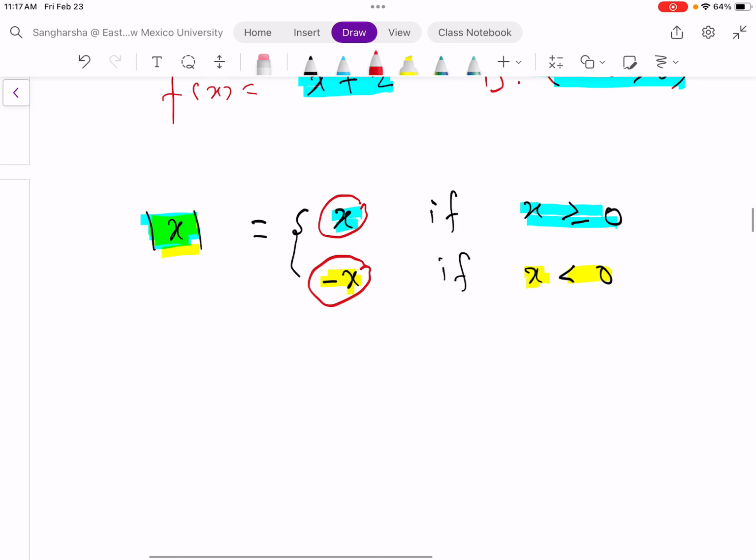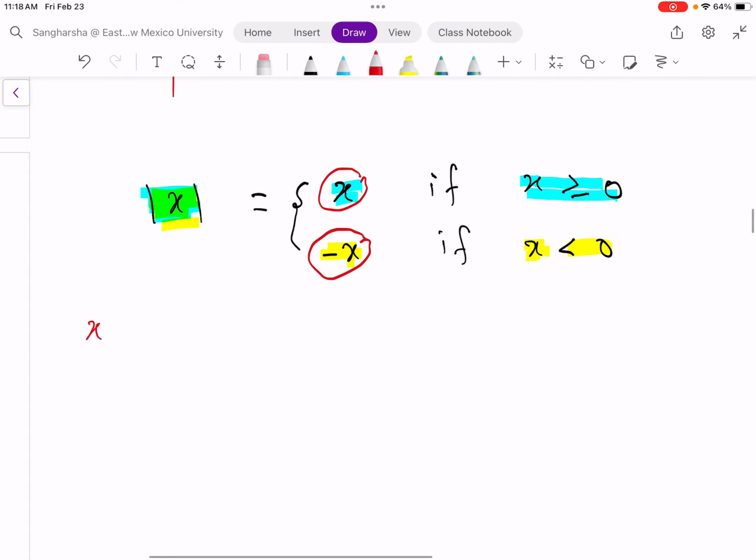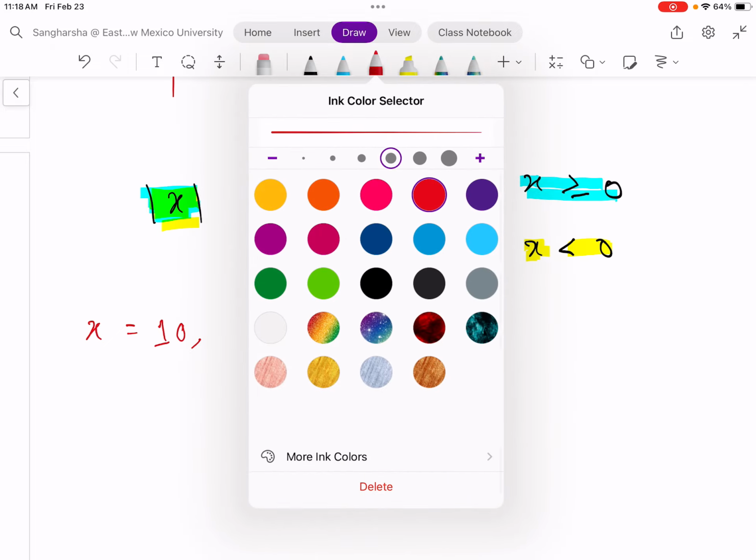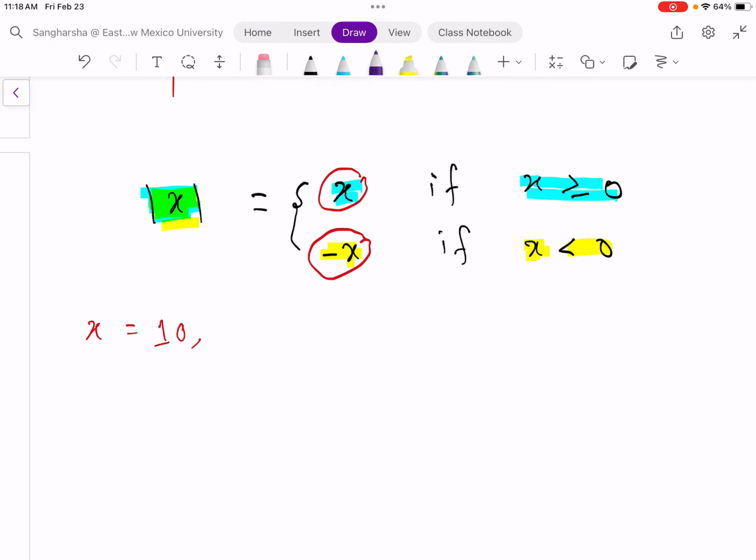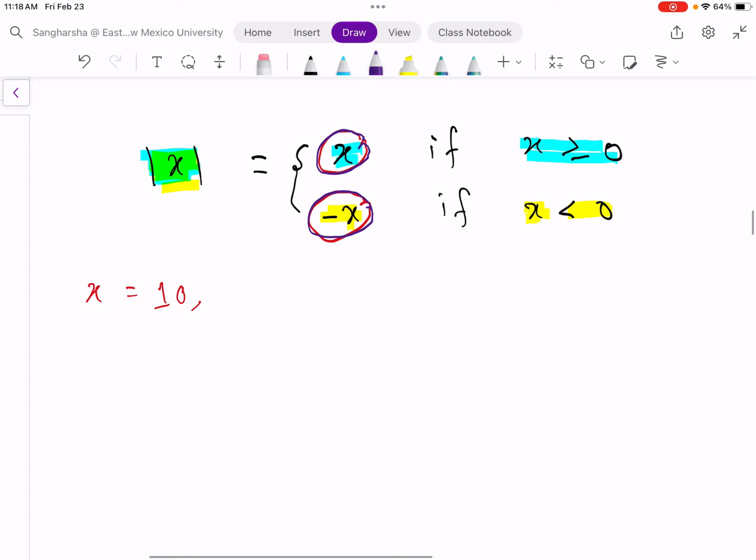Now for this function, let me choose my input and find the output. So if input x is equal to 10, what expression do we choose to find its output? We have this output positive x, and we have this output negative x. Now when our input is 10, which expression do we choose?